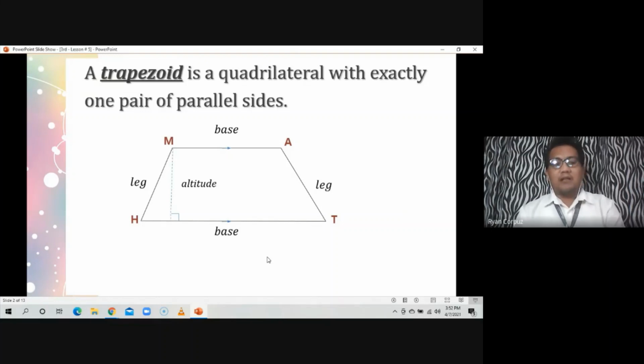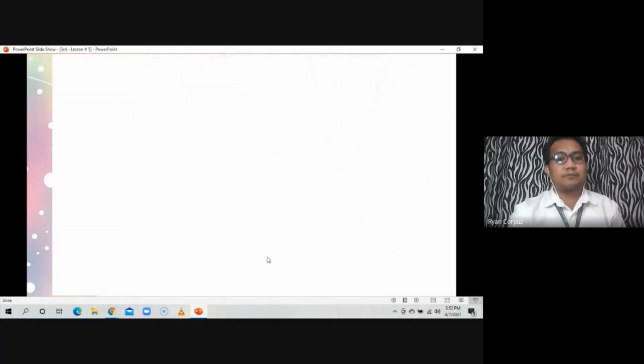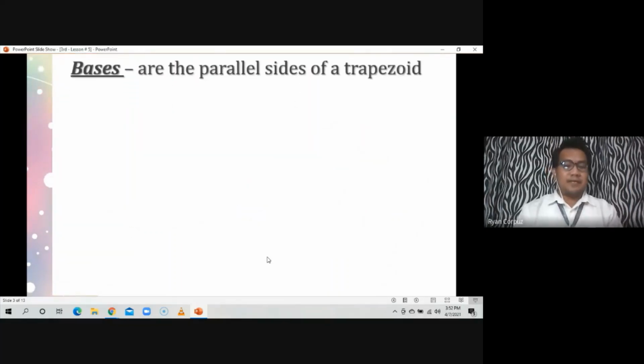So ano-ano yung mga definition of those characteristics of a trapezoid? So unahin natin yung bases. Bases are the parallel sides of the trapezoid. So once you've seen a trapezoid and you've seen its parallel sides, we call those parallel sides of a trapezoid its bases.